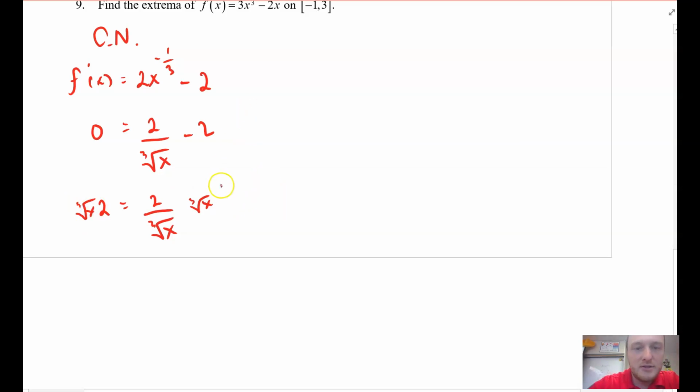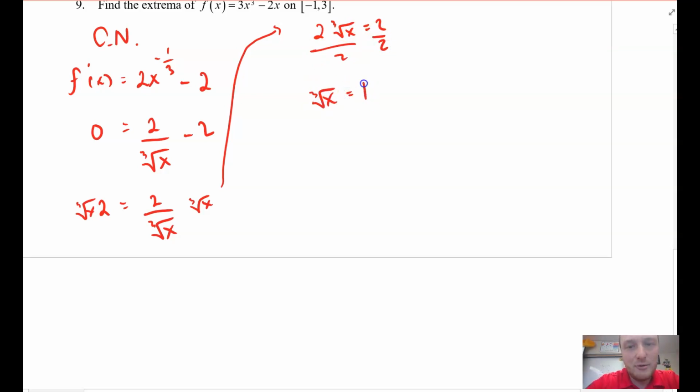We get 2 times the cubic root of x is equal to 2, which after dividing both sides by 2, we get the cubic root of x is equal to 1. Cube both sides, and you get x is equal to 1. Okay, so there's one critical value.